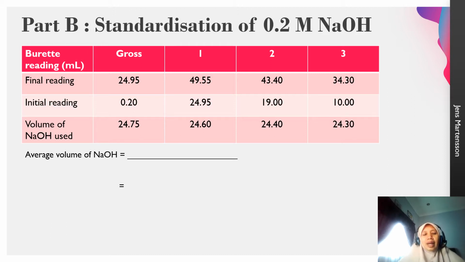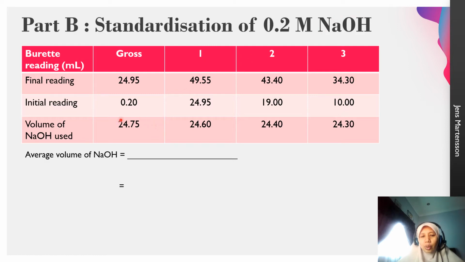That's it. And the volume of NaOH used was 24.75, and this is the gross reading. What do I mean by gross? Gross means it's just an estimate of how much of titrant we need. In this case, the titrant is NaOH.